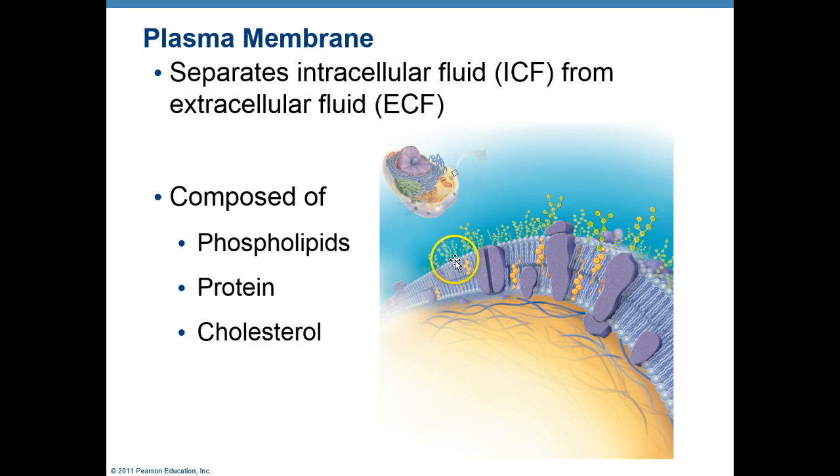So you've got this row of phospholipids with all the heads pointed out, this row of phospholipids with all the heads pointed in, and then the hydrophobic tails in the middle. So you've got a membrane that's got polar surfaces on the inside and the outside for hydrogen bonding with water, and then a hydrophobic layer in the middle.